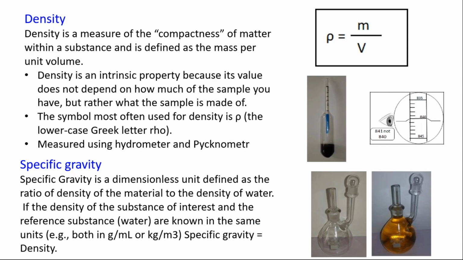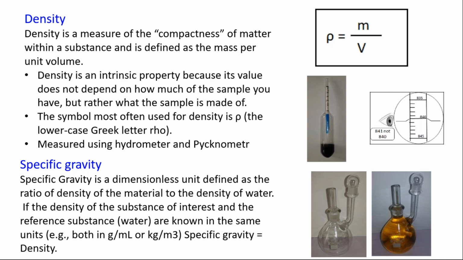Then we come to density. The density of a substance is a measure of the compactness of the matter, and it indicates the mass per unit volume. Density is an intrinsic property because it does not depend on how much of the sample you have, but rather what the sample is made up of.